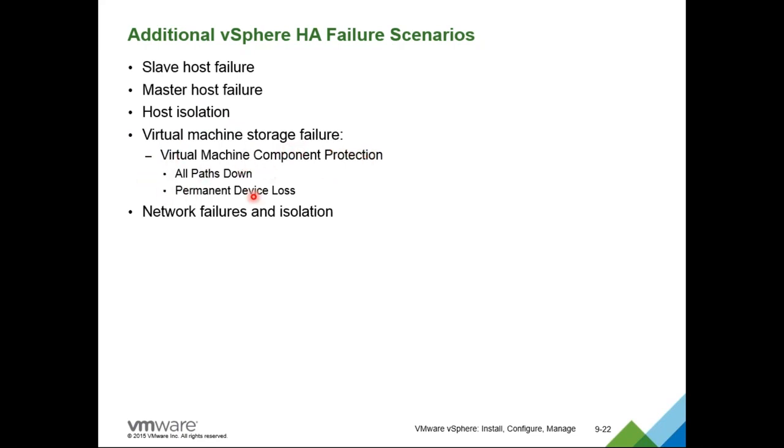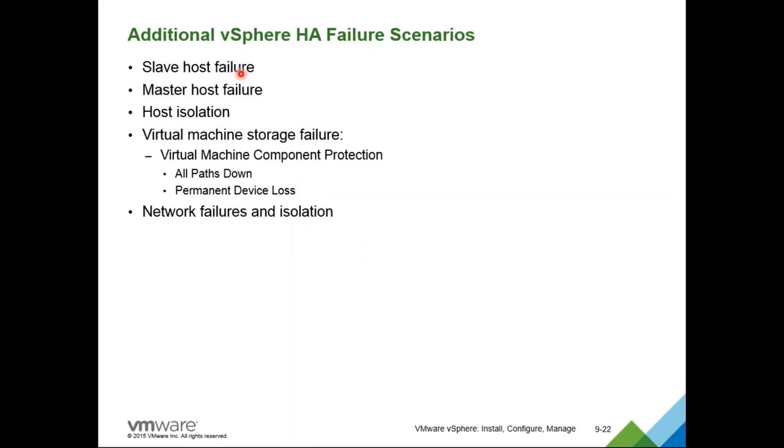That is your virtual machine component protection: all paths down, where whatever data stores are connected to your virtual machine or provisioned virtual machine data store have all paths down, or permanent device loss, meaning it has lost the physical connectivity of storage, HBA or RDM, permanently. And also network failures and isolations.